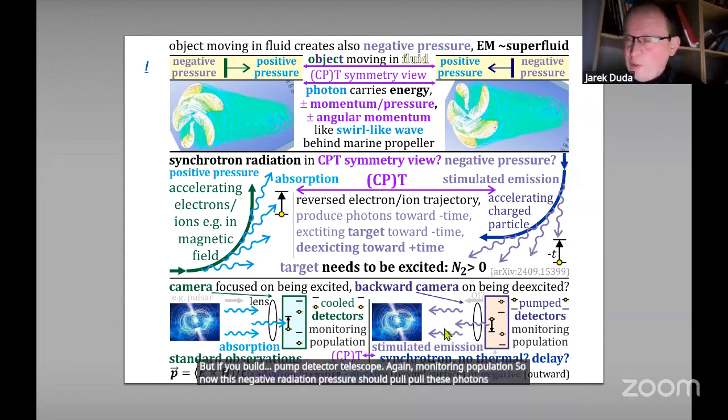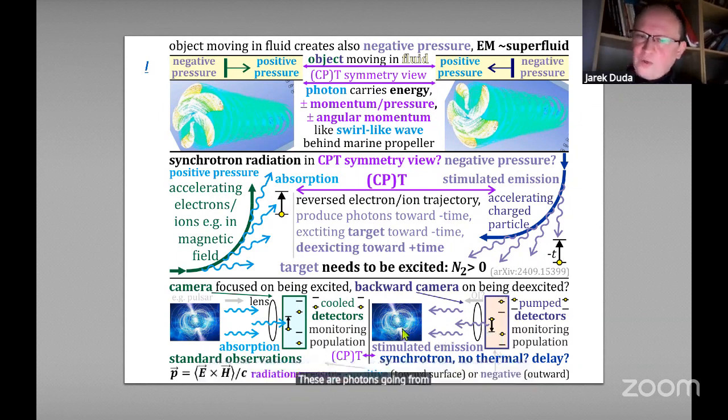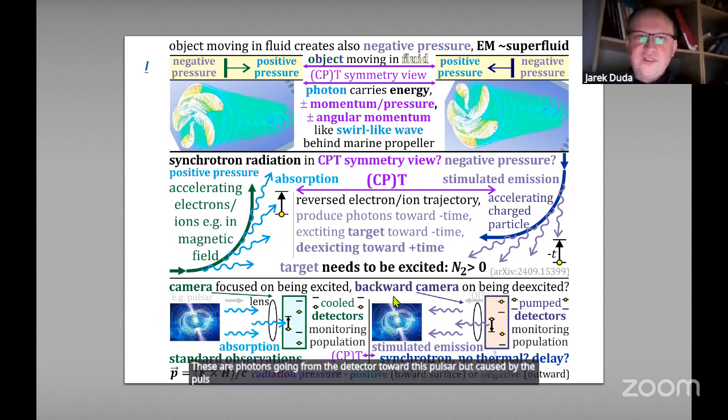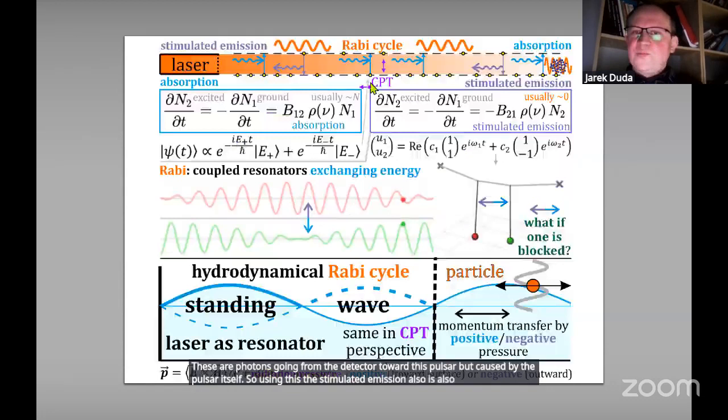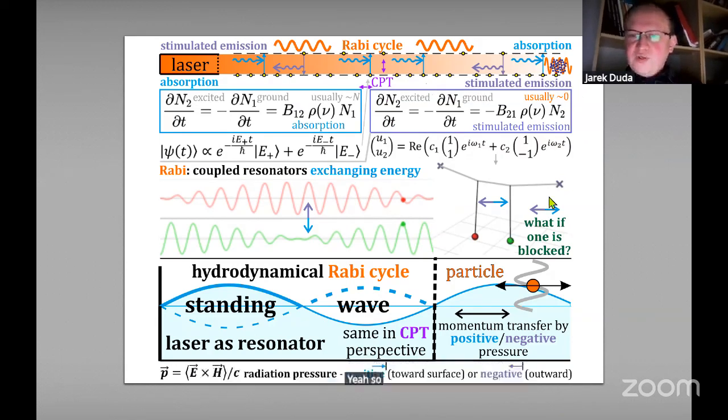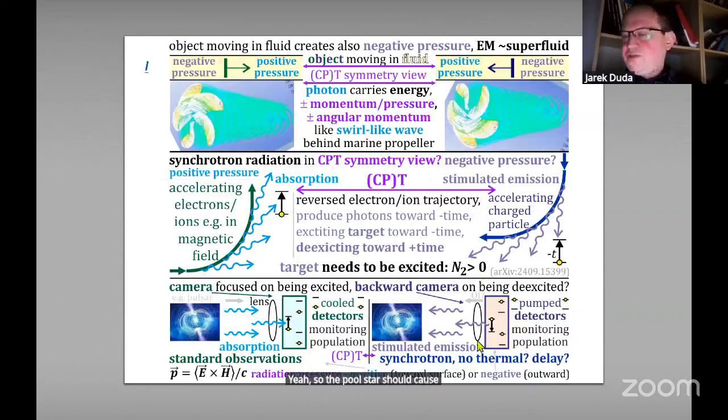From our perspective, these are photons going from the detector toward this pulsar, but caused by the pulsar itself, using stimulated emission. So a standard telescope is focused on this equation, and this proposed pump sensor telescope would be focused on this equation. So the pulsar should cause the excitation in this detector.